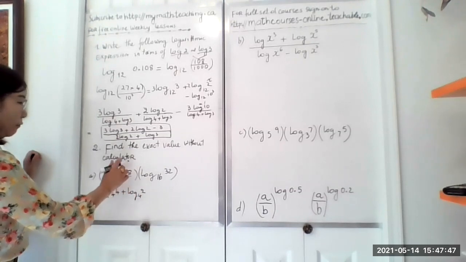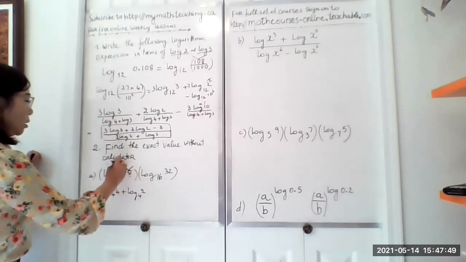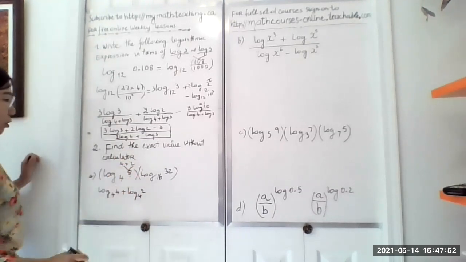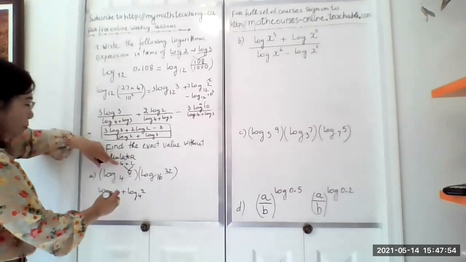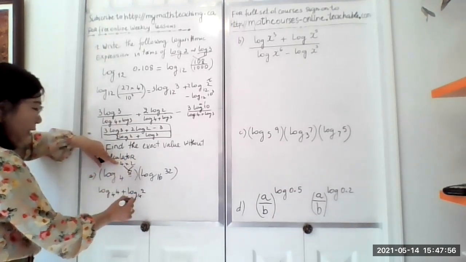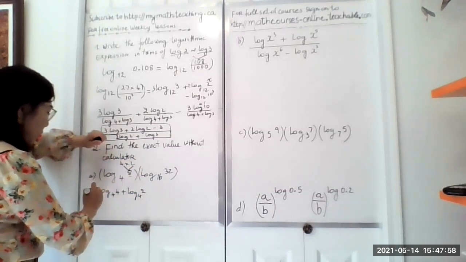When they multiply, this number is actually 4 times 2, but we split them, and multiplying becomes adding, for this first fraction.